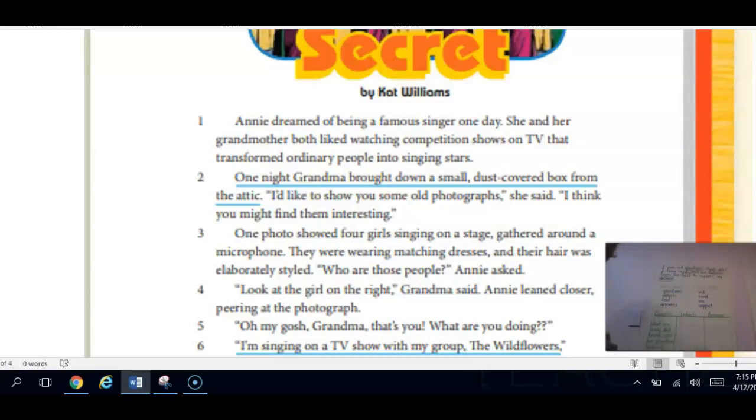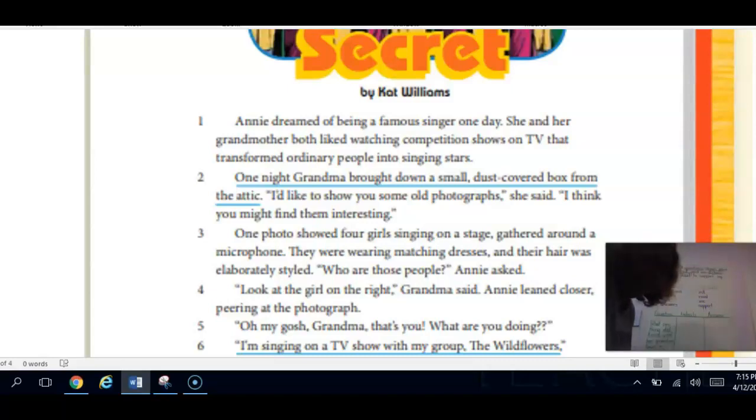And remember, when we write questions, we make sure we begin with a capital letter and end with a question mark. Okay, so now looking at the first paragraph, it says, Annie dreamed of being a famous singer one day.